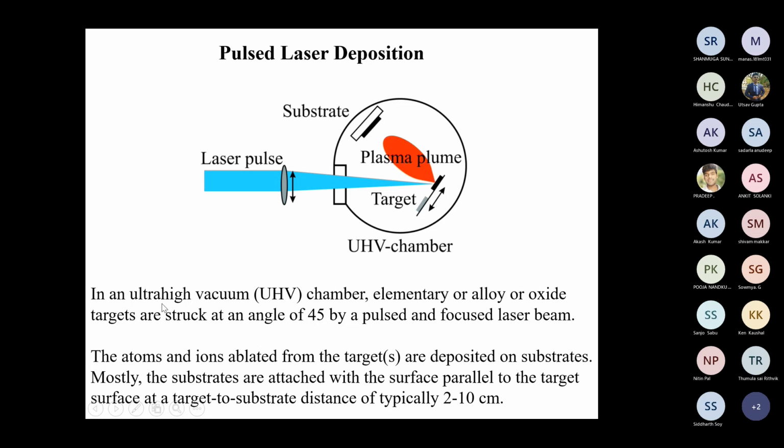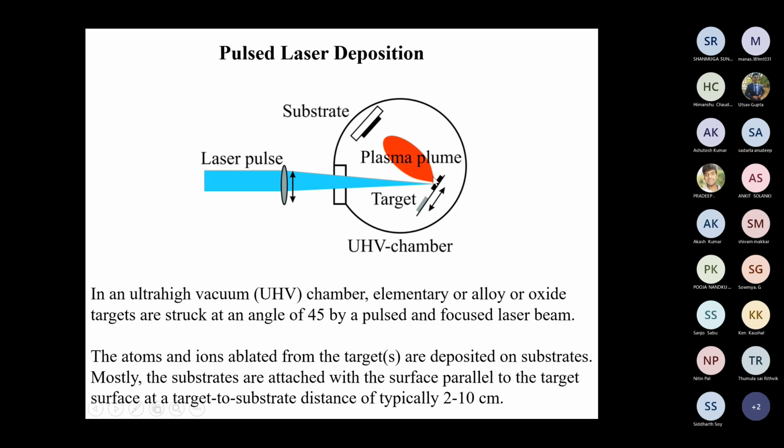So in an ultra high vacuum chamber, elementary, alloy or oxide targets are struck at a 45-degree angle by a pulsed, focused laser beam, and the atoms and ions ablated from this target are deposited on the substrate. In this case you can see that the term ablation or ablated is being used.